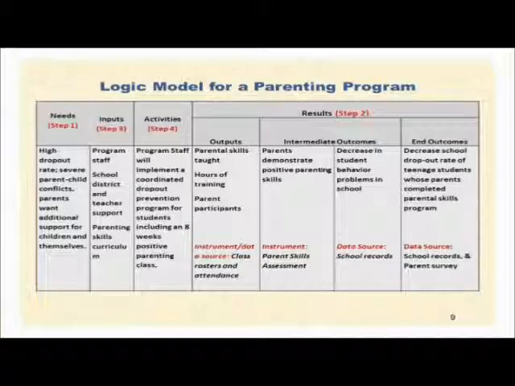And then it is intended to achieve results. There are three types of results: output, intermediate outcome, and end outcome. For output, pretty much it just says, what has happened? Did you do it?